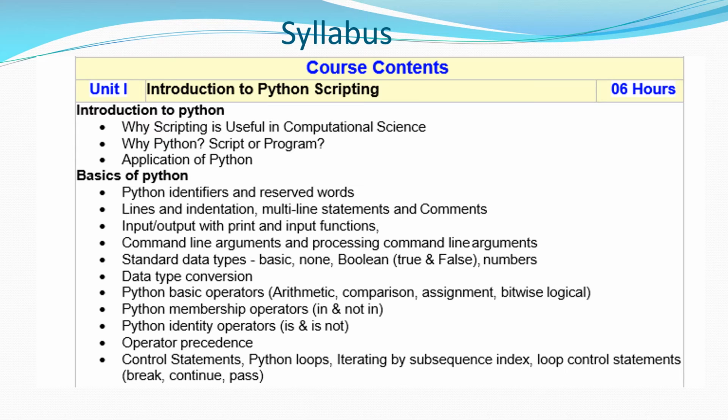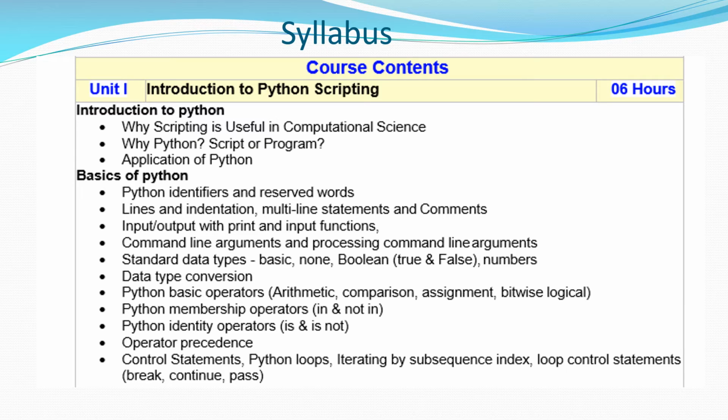Apart from that, new data types are also introduced here, such as none type, etc. Then basic operators, membership operators, such as in and not in, identity operators like is and is not, which are new here.